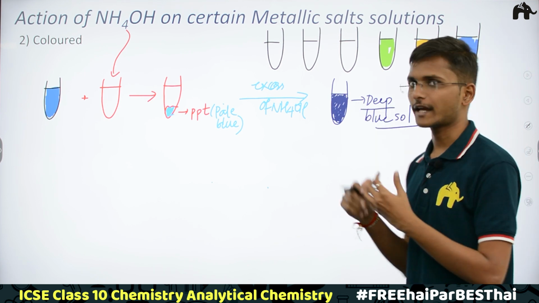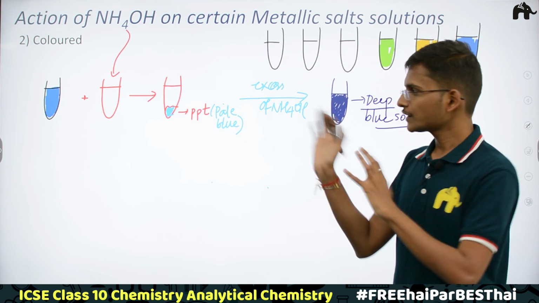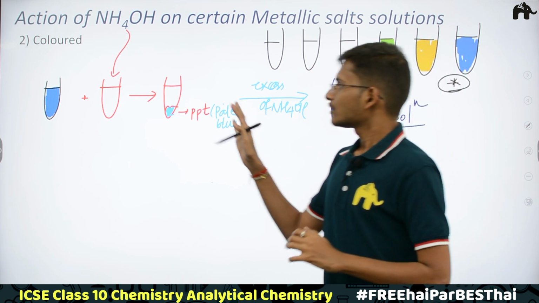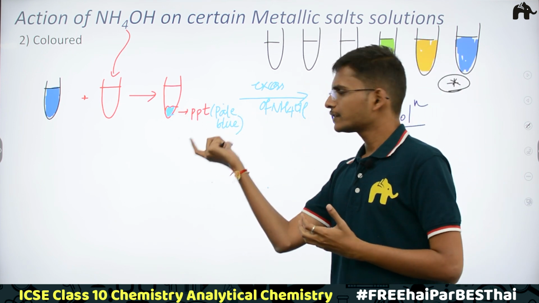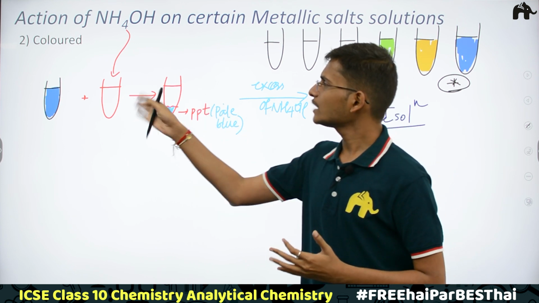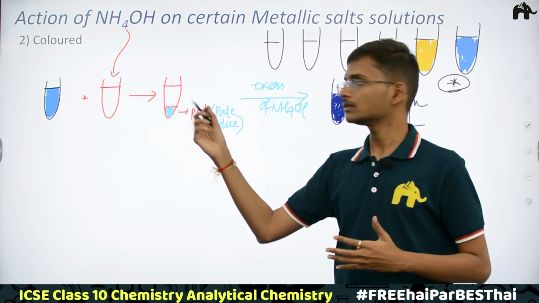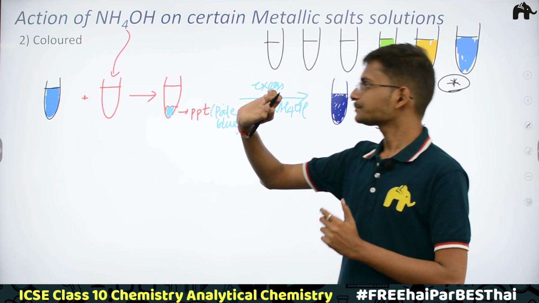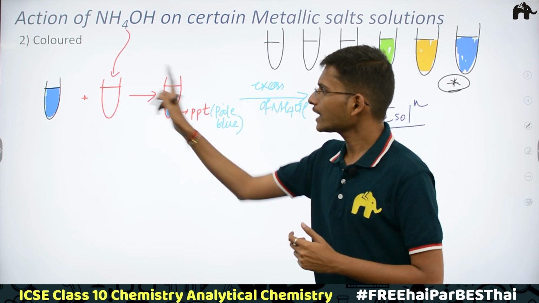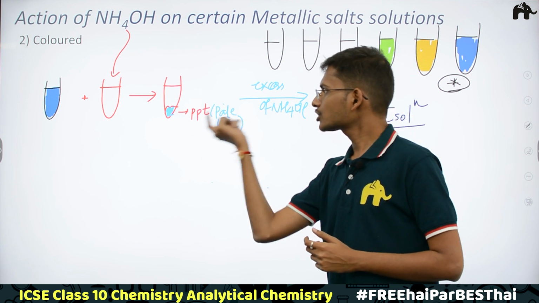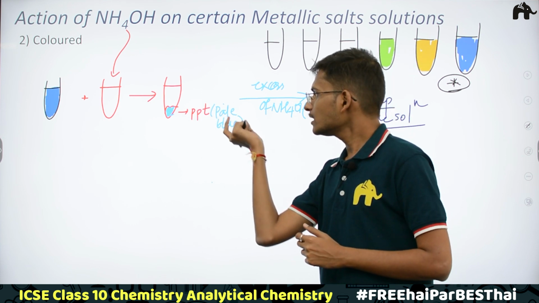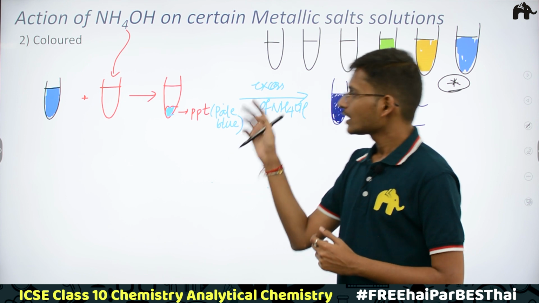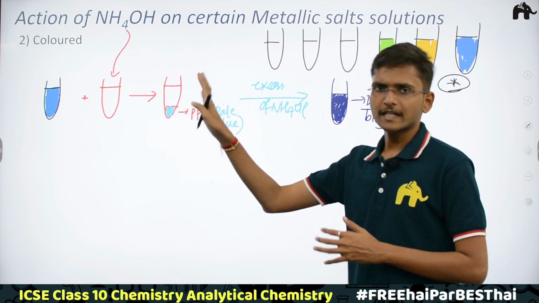Now let's see what actually is happening. First of all, we have to figure out which precipitate it is. So when we are adding ammonium hydroxide into this blue colored solution, not deep blue, we are getting a colorless solution along with a pale blue precipitate, and this blue colored solution is a metallic salt solution, right?